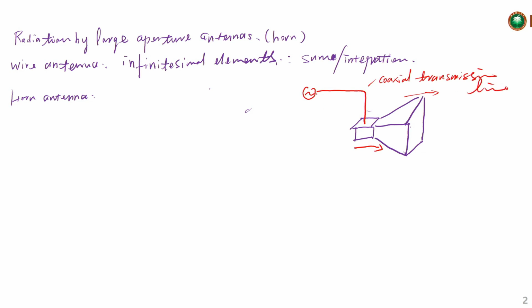The outer part of the coaxial line is connected to the metal body of this waveguide, and the inner part connects to the inside of the waveguide through a small hole here. So it achieves the coax to waveguide transition.